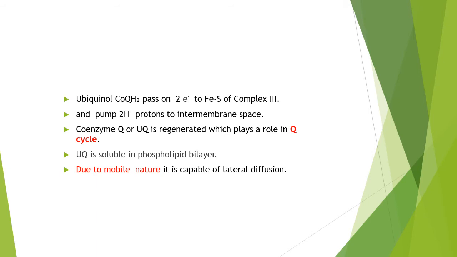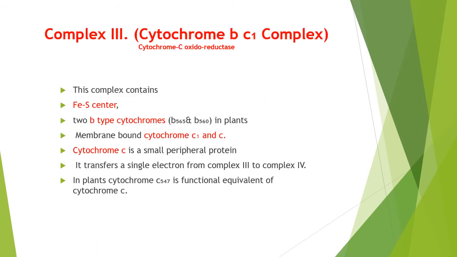So let us understand now complex third. Complex third is also called cytochrome C oxidoreductase or the cytochrome BC1 complex. What does this complex contain? It contains non-heme iron sulfur and 2 types of cytochromes, B565 and B560 in plants.